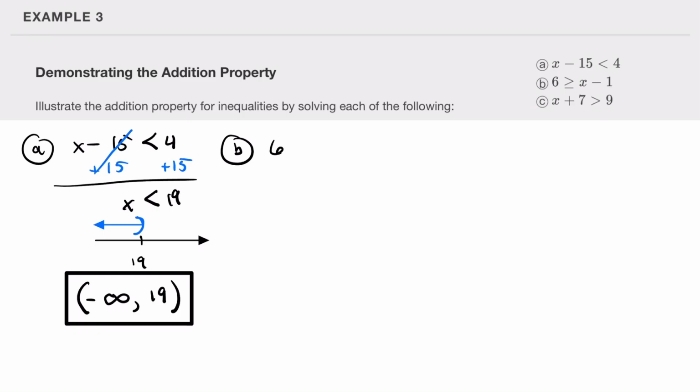Okay, so then B. We have 6 is greater than or equal to x minus 1. Again, if this were an equation, we would add 1 to both sides. We get 7 is greater than or equal to x. Let's graph this real quick. Here's our 7. The alligator eats the bigger thing, so 7 is bigger than our numbers, so our numbers go off to the left.